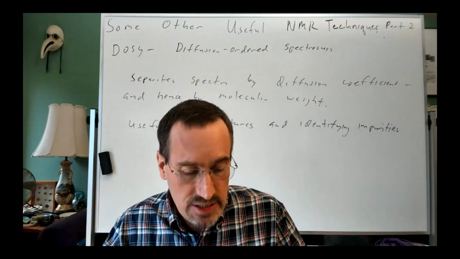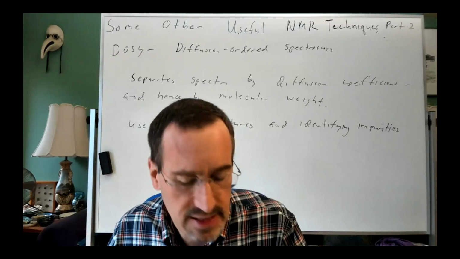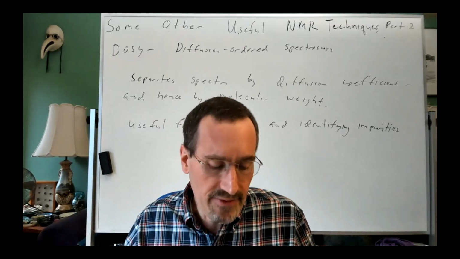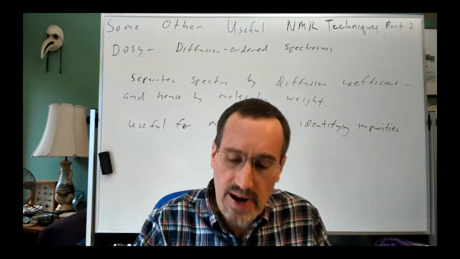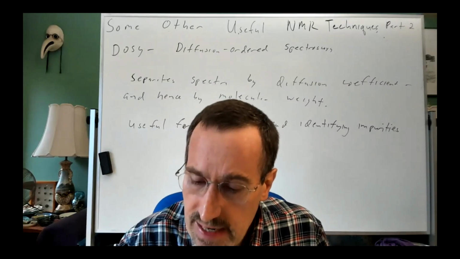And the reagent has a very different molecular weight, or you think that they're from a solvent, but you're not sure. This can be a very useful technique for identifying these types of extra peaks.